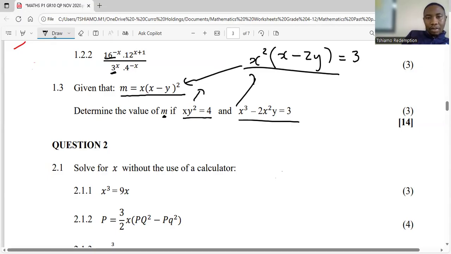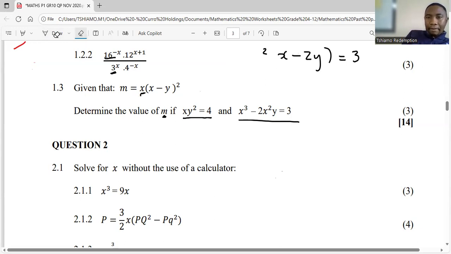There's no relationship here because this x is x squared and 2 is y here. If they were the same, then we would just equate this to that one, but it doesn't work in this case. So what am I going to do? Let's try a different method. Let me work this one out.